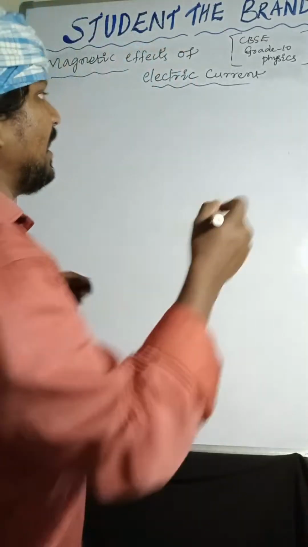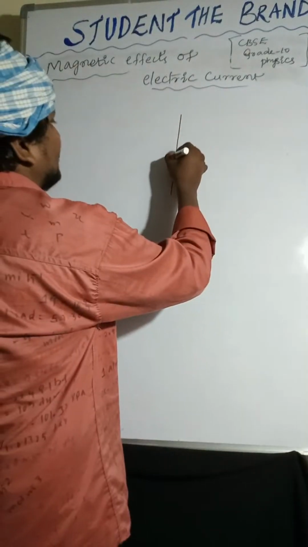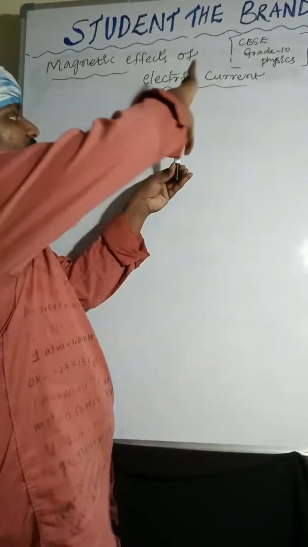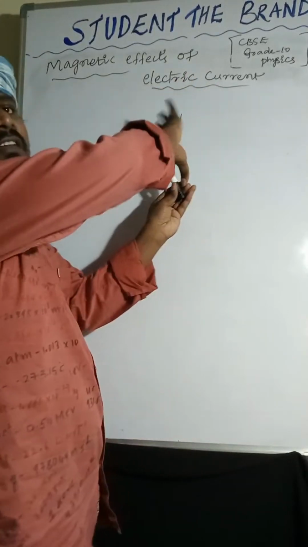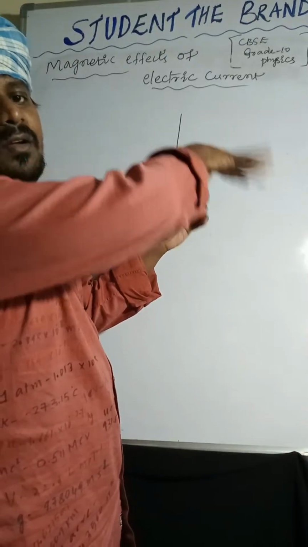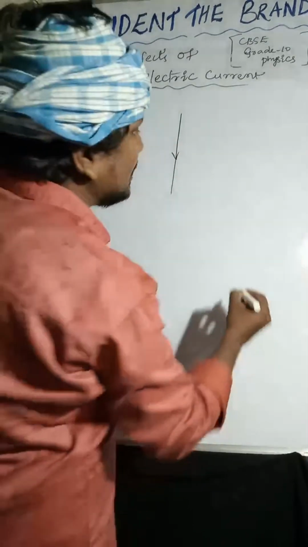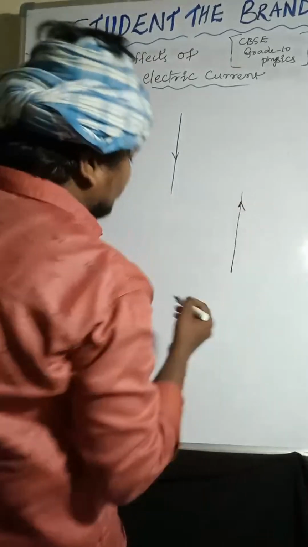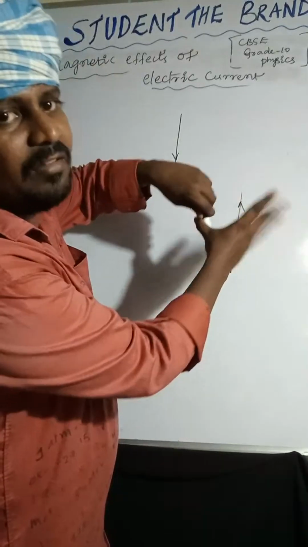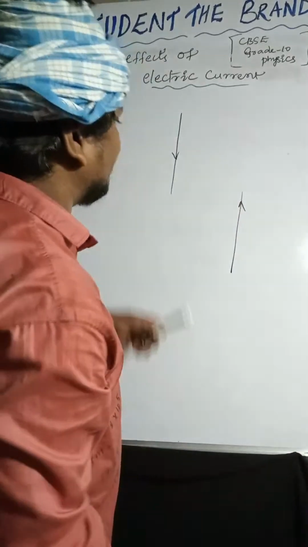If the current is passing in the downward direction, the magnetic field will be in the clockwise direction. If the current is passing in the upward direction, the magnetic field will be in the anti-clockwise direction. Yes or no?